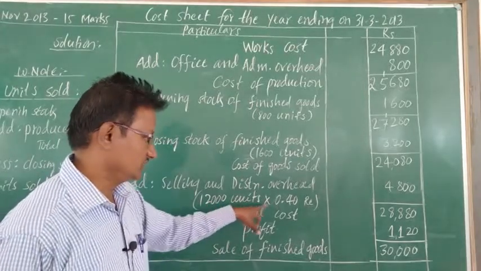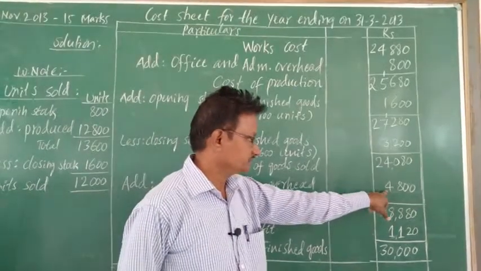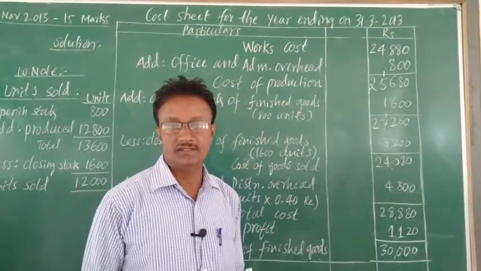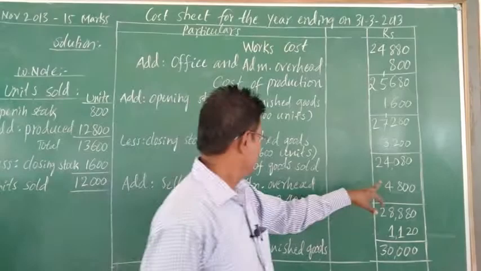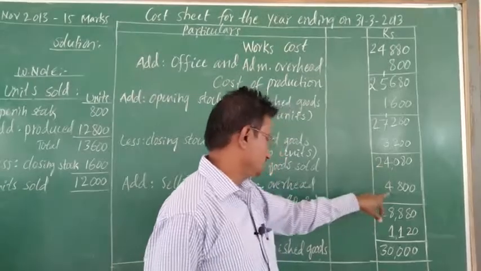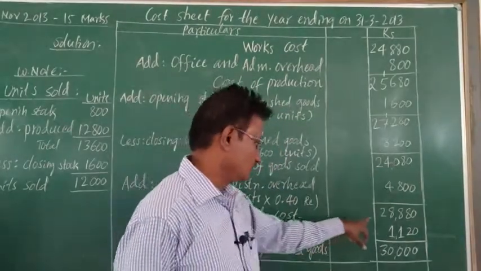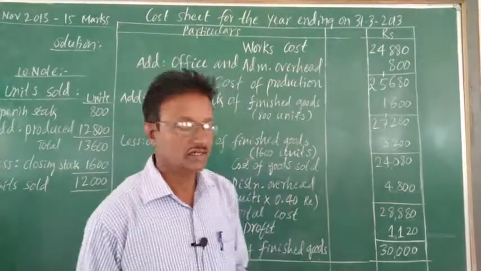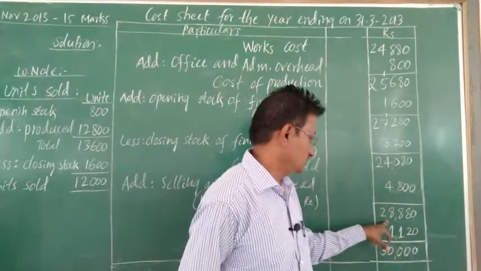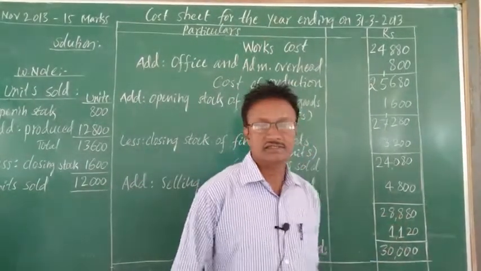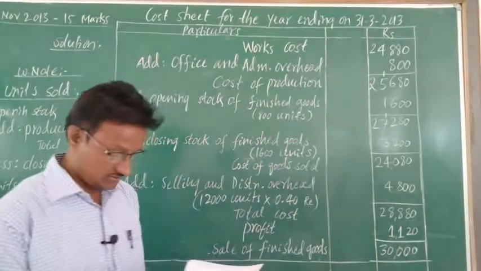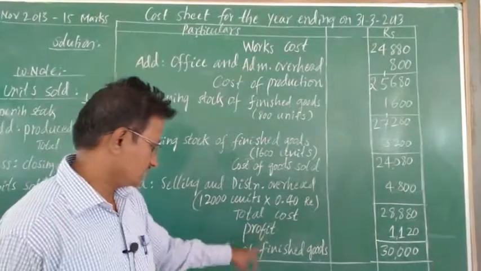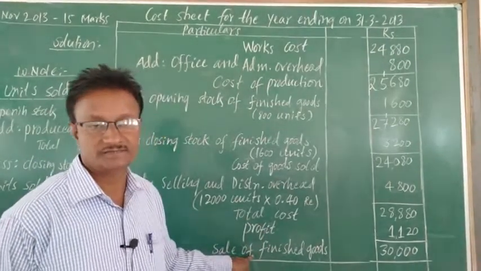For 12,000 units it comes to 4,800 rupees, and the total of these two items is total cost, and the total cost is 28,880 rupees. And total cost is compared with sales.